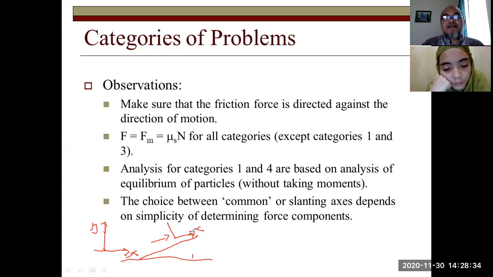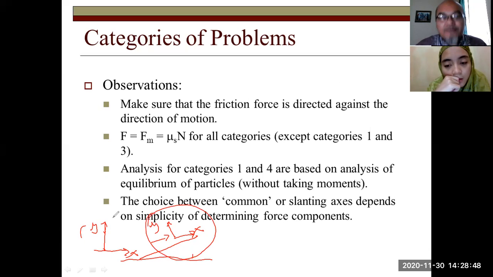So it would be simpler if the x and y axes are directed according to that slope, rather than the usual conventional one. You can still, of course, use the conventional axes, but it will make the calculation more complicated.